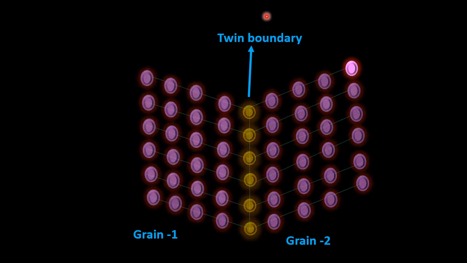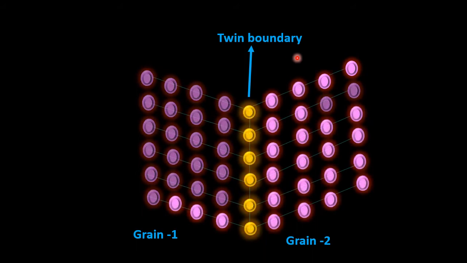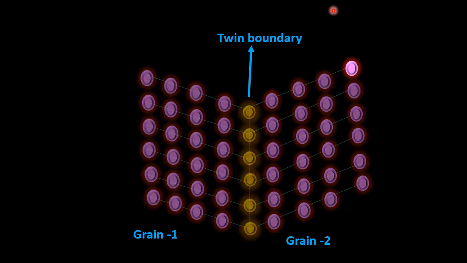Those twins which are formed due to the annealing or heat treatment of the materials are called annealing twins. Both of these, whether annealing twins or mechanical twins, depend on the crystal structure.